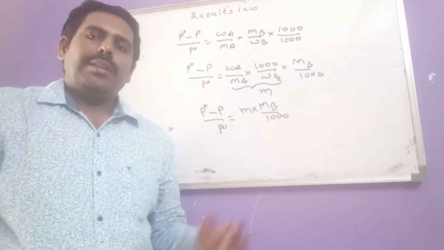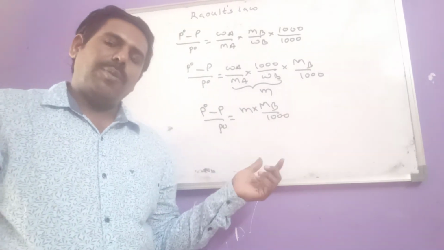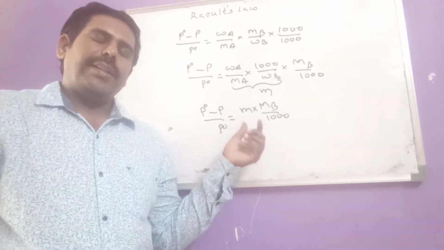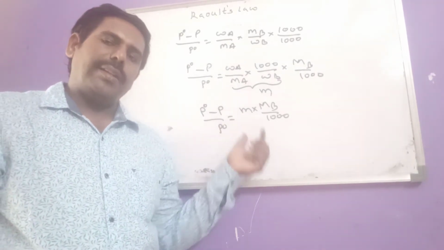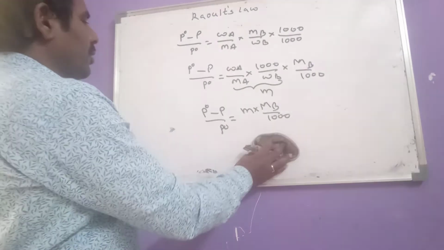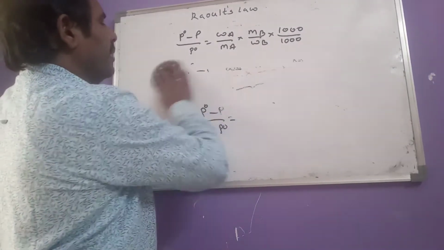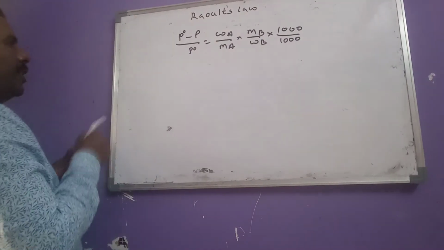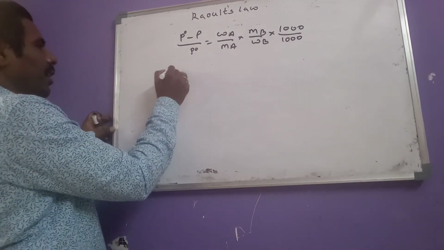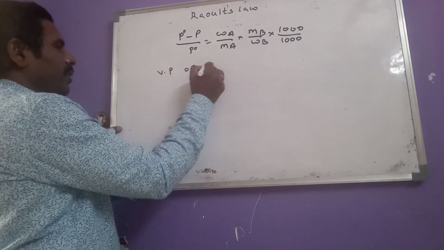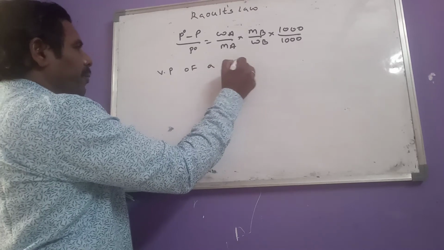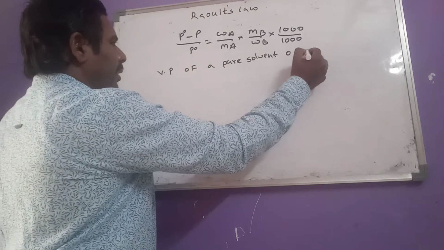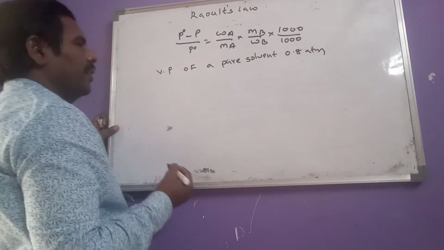So these are different formulas present in Raoult's law. Okay, let us see one or two questions related to Raoult's law. The first question is here. Vapor pressure of a pure solvent is 0.8 atmosphere.